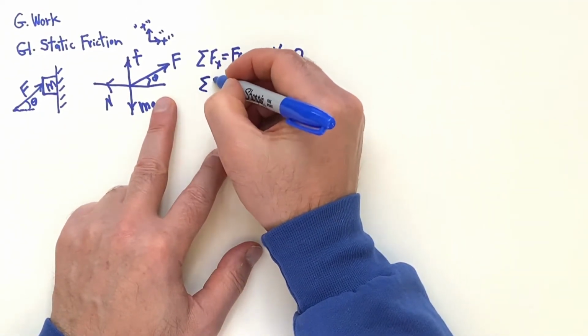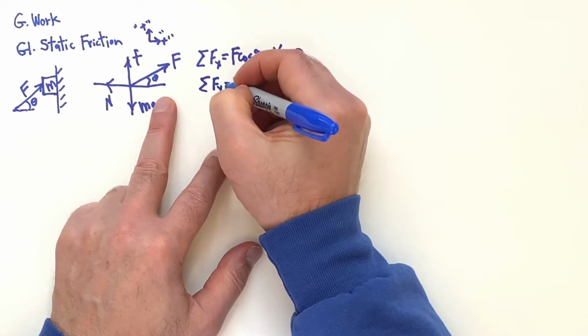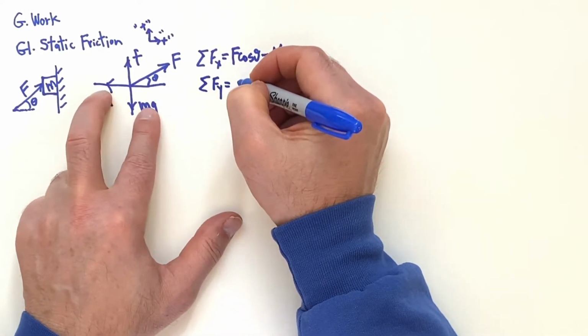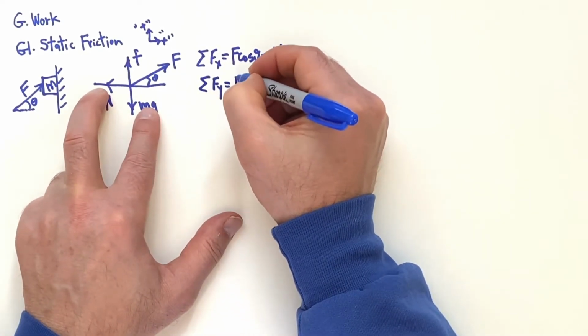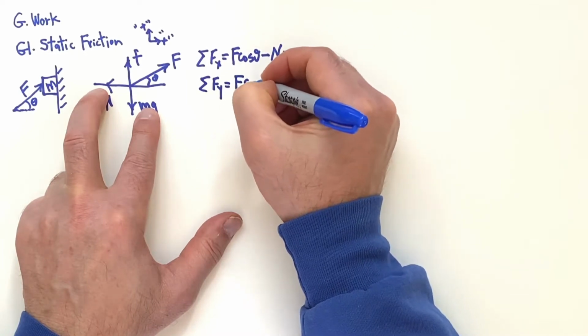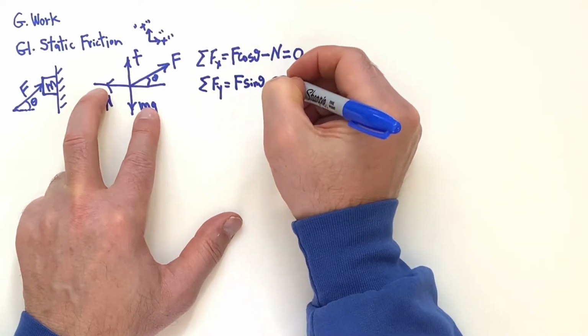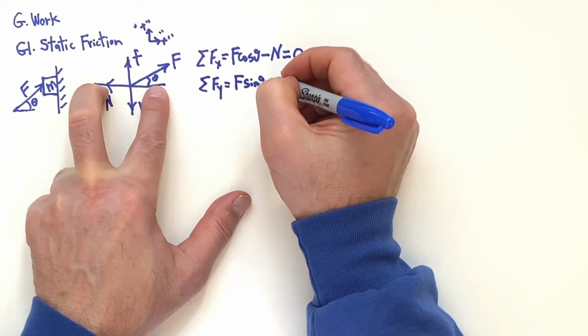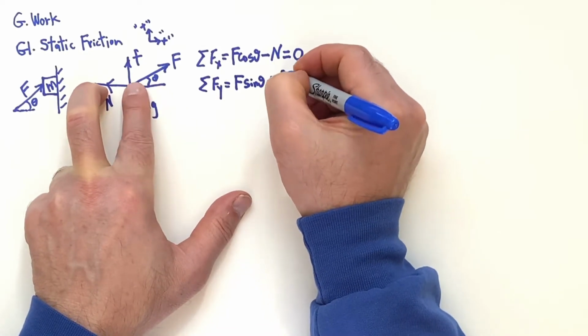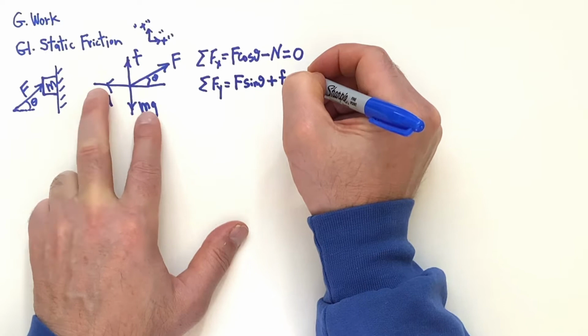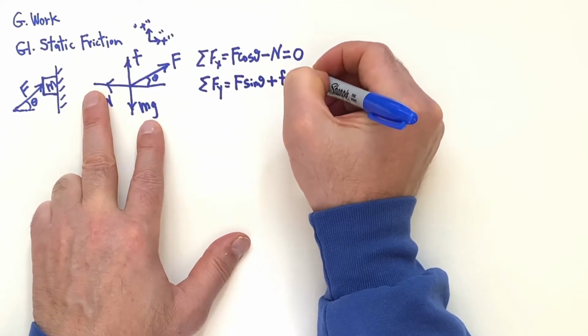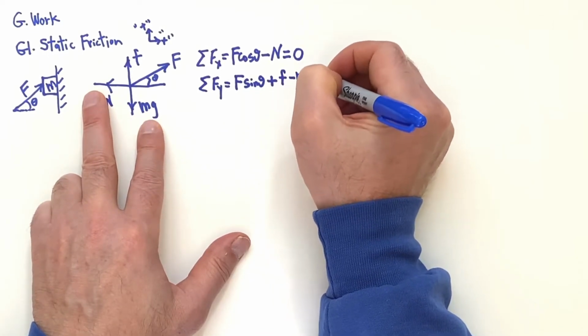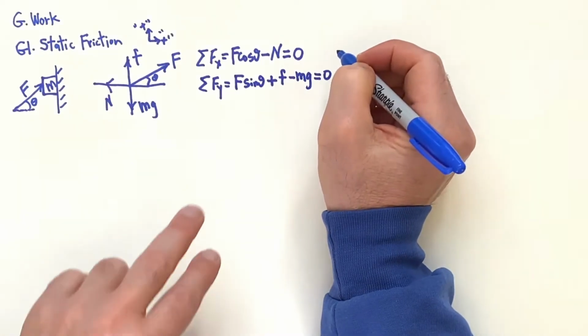Then for the sum of the forces in the y direction, we have three things going on here. First of all, we have the applied force times the sine of theta going up, but also the friction is going up, and then the weight mg is going down, and that's going to sum to 0.